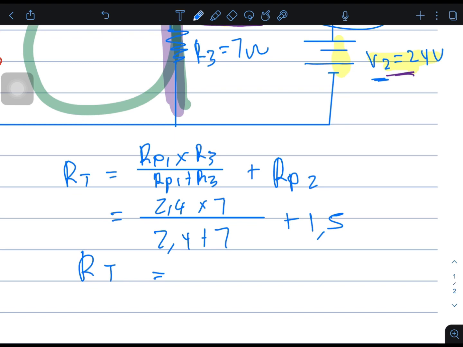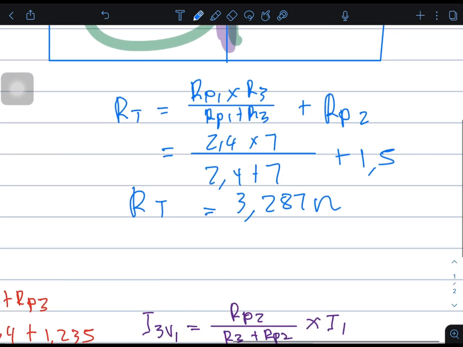Let's punch that on our calculator: 2.4 times 7 over 2.4 plus 7, plus 1.5. That is RT equals 3.287 ohms.